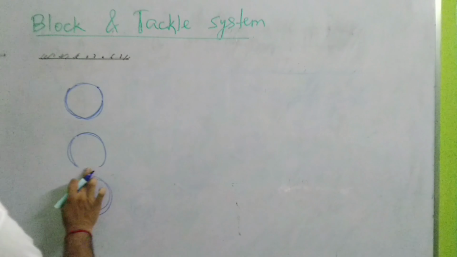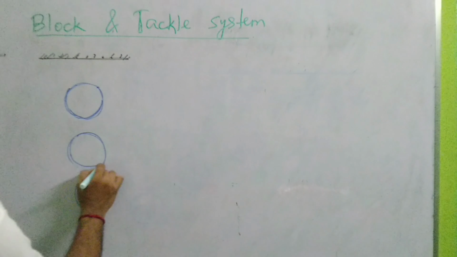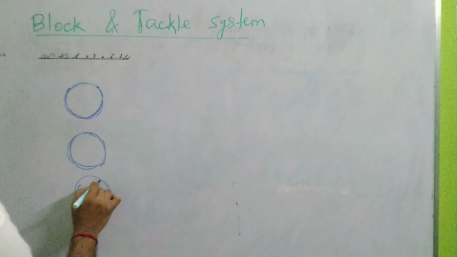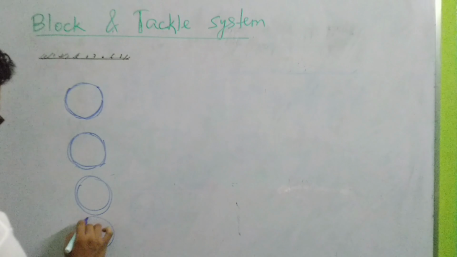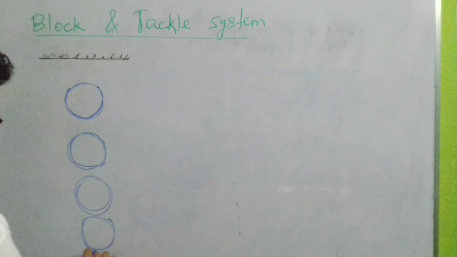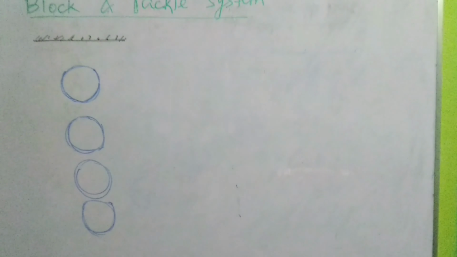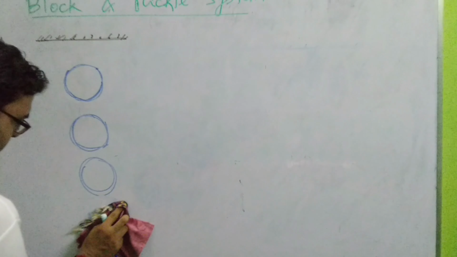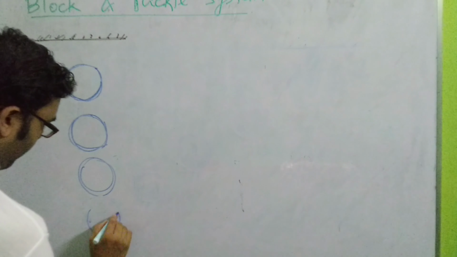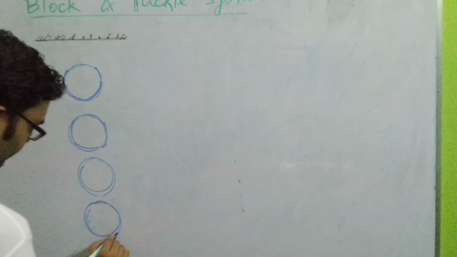Just a little bit more smaller, and this is the fourth pulley. I think you are able to see it. Just let me bend down the camera a little bit, so it will be easier for you to see. This is the fourth pulley.